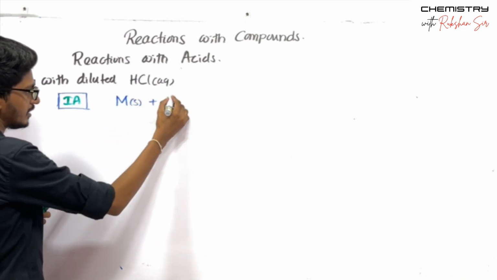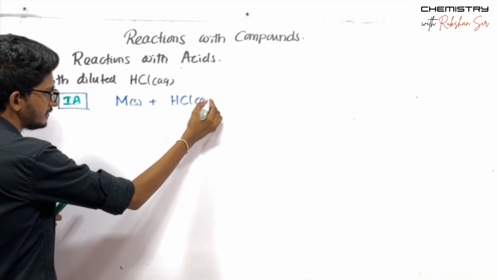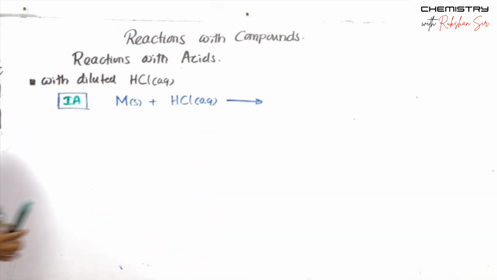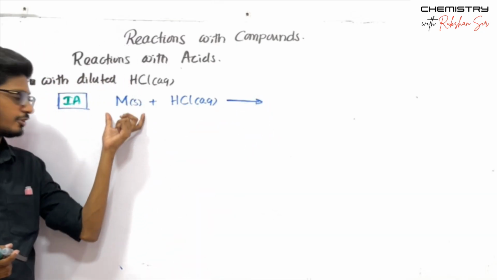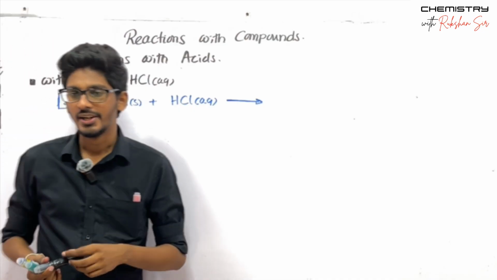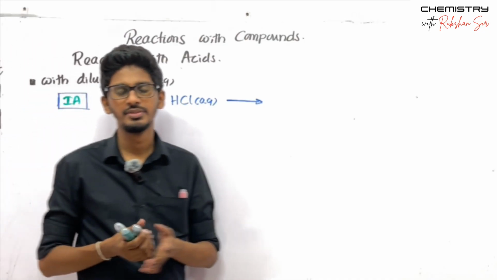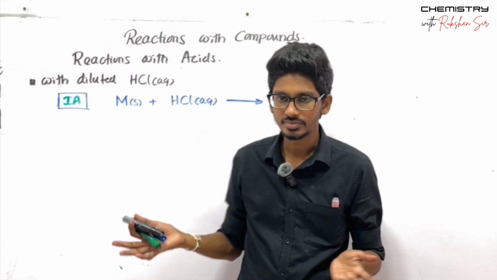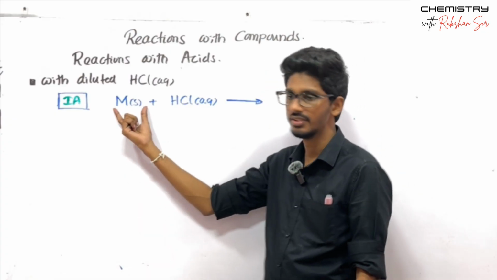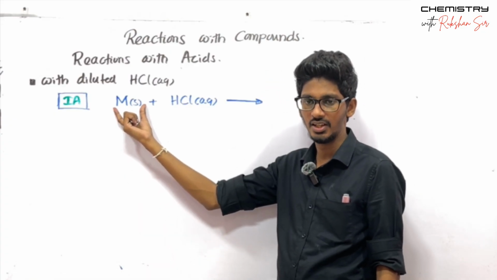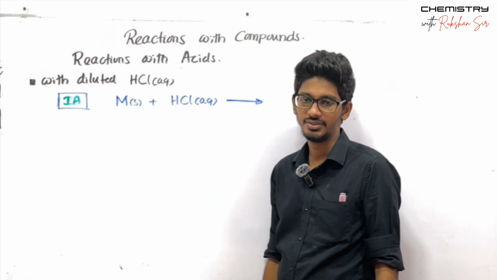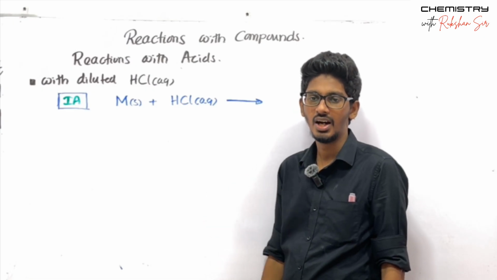If M is to react with HCl, again we observe a reaction of an S-block element. But if you are considering reactions of S-block elements, those are all redox reactions. The S-block element oxidizes and forms the cation and combines with the anion coming from the other species. That is how S-block elements react.